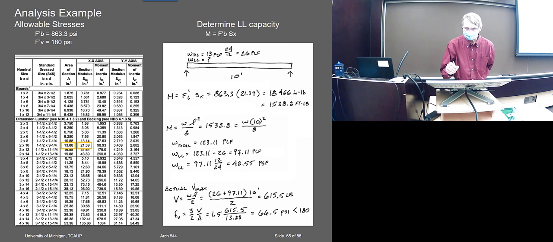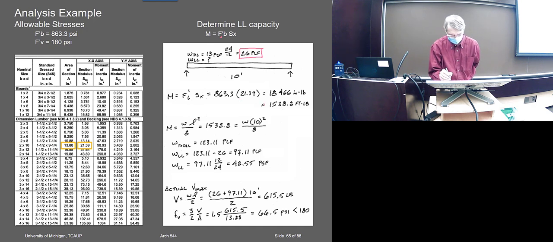So we want to say the moment equals the stress times the section modulus, and we've got this moment already given, right? There's the dead load. So we could calculate this. Wait a minute, let me see.